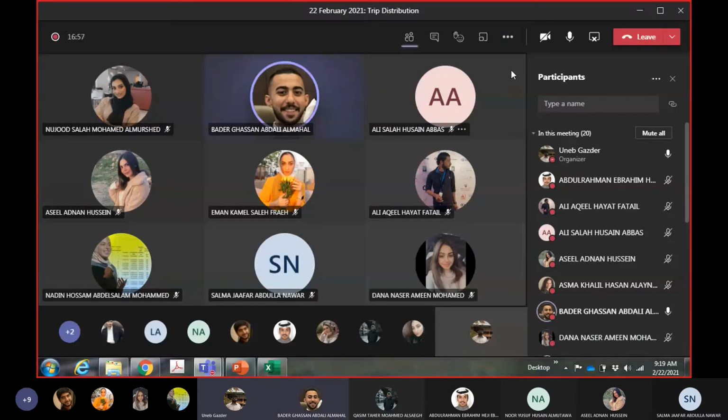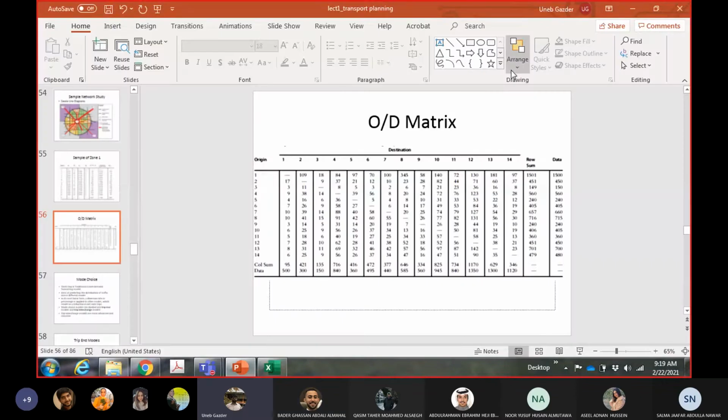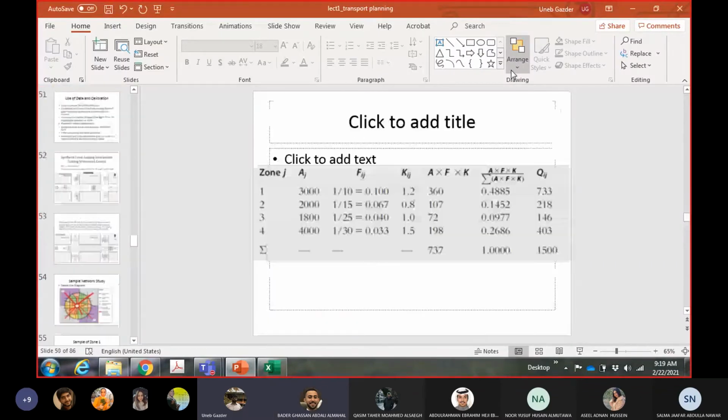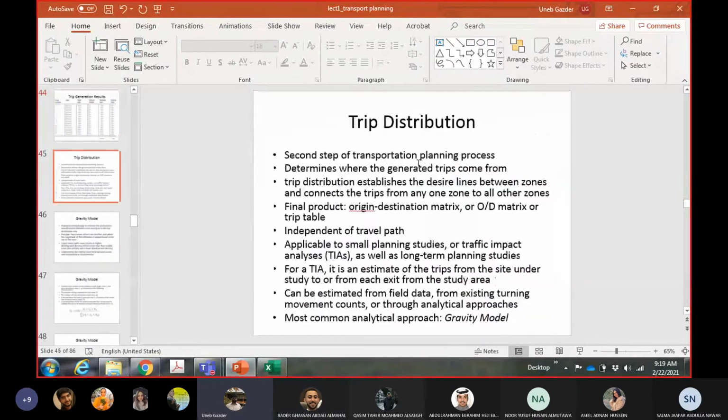They are using 1500 again and again. In every table they are mentioning 1500 total for zone 1. It is not even the total number of trips. The total number of trips from zone 1 is not 1500, right? It is 1000. So there is some problem with the book.